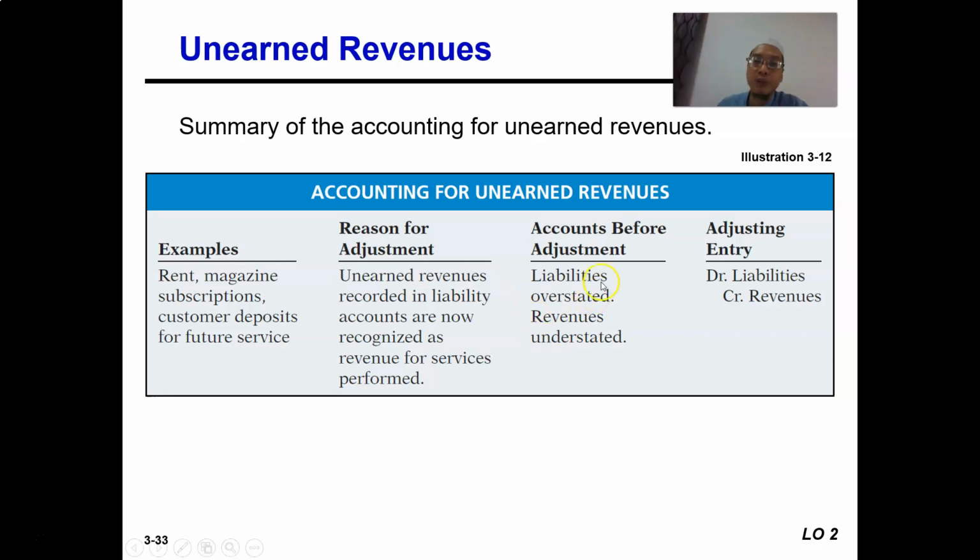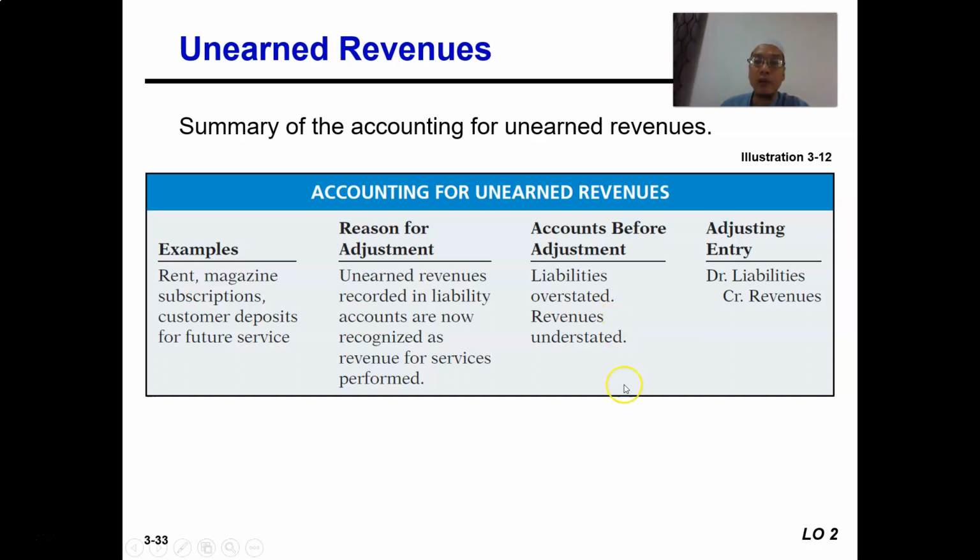Before we have done the adjustment, at the time that we have conducted some of the service but have not done the adjustment, the liability account will be overstated. We originally recorded the unearned service revenue as a liability, but because some of the work has been done, the liability should go down.